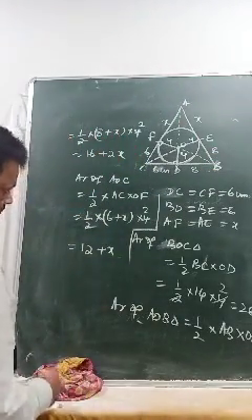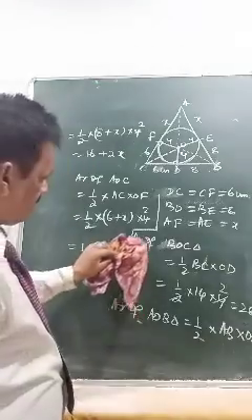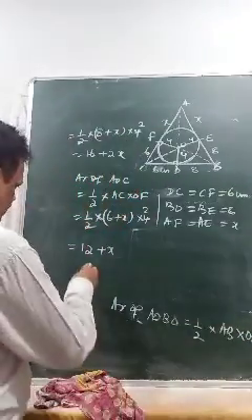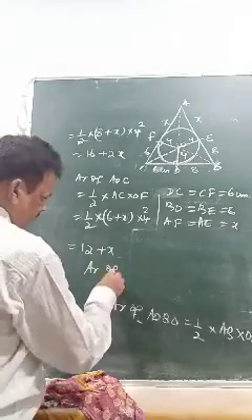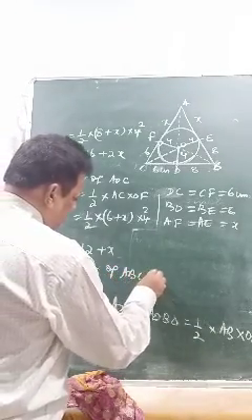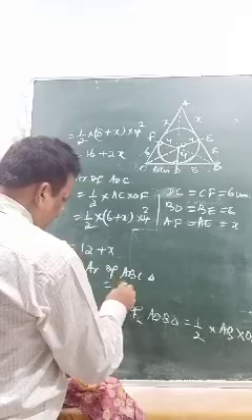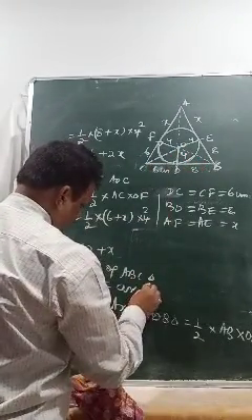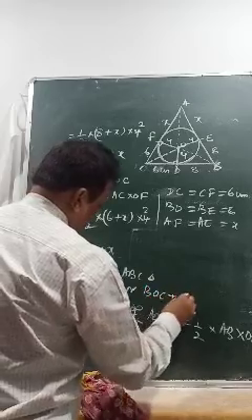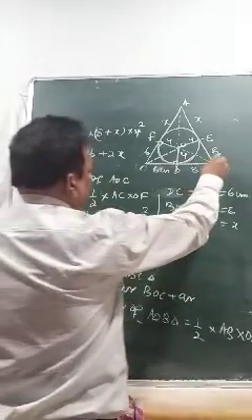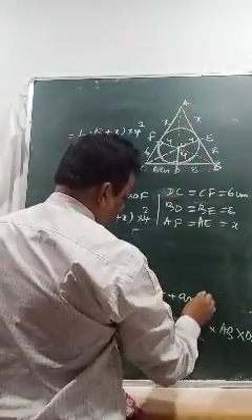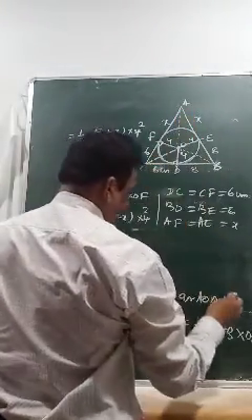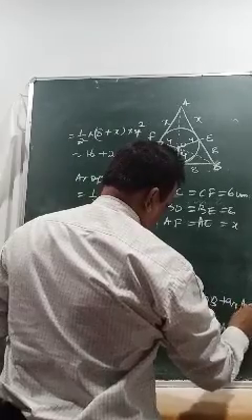Therefore, I can just draw it here. Area of the ABC triangle is area of BOC plus area of BOA or AOB plus area of AOC.